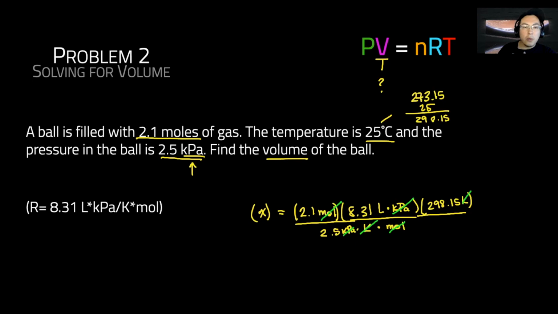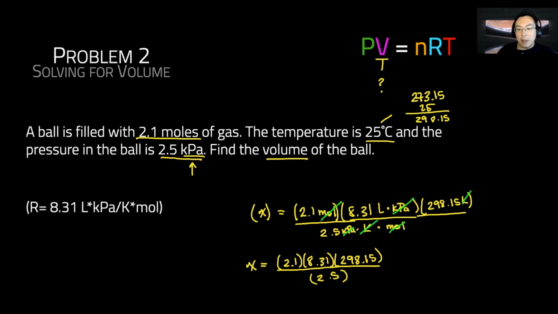It makes sense, right? For volume. Okay, so now we do the whole calculation, right? We can do our process just by doing 2.1 multiplied by 8.31 multiplied by 298.15, right? Over 2.5 as the denominator, right?